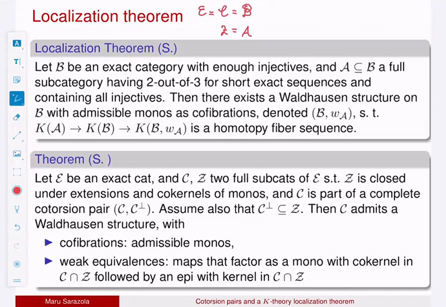So we needed the class of acyclics to be closed under extensions and cokernels of monos, but we're going to have that and more because A has 2 out of 3 for short exact sequences. So in particular, those will be 2 out of the 3 conditions of the 2 out of 3. So we're good on that part.